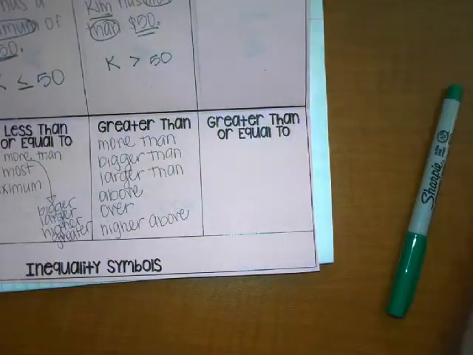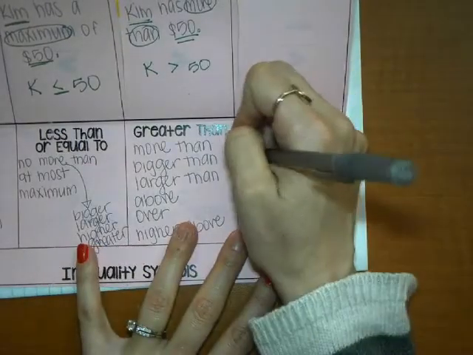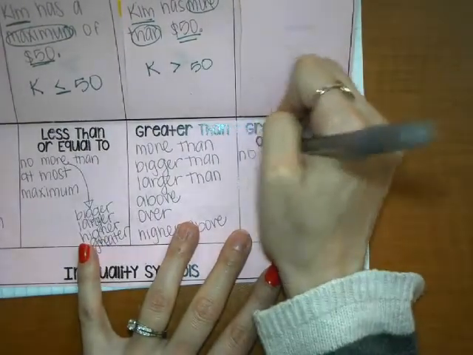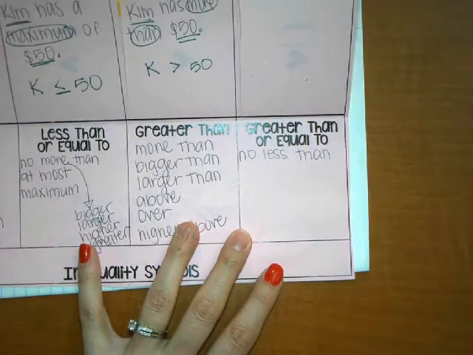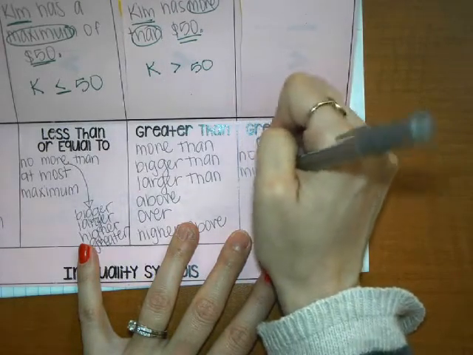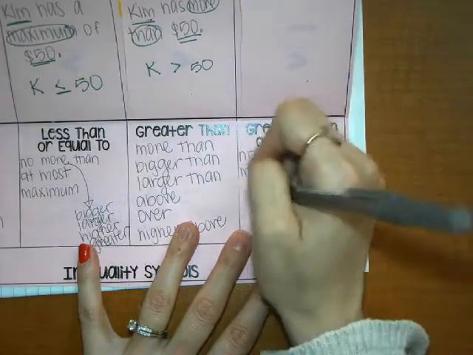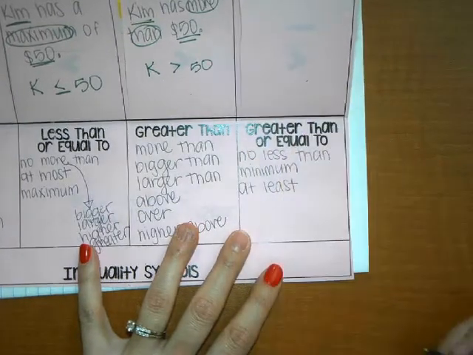What words or phrases could mean greater than or equal to, Caroline? No less than. Cole. Minimum. Peyton. At least. Cole.